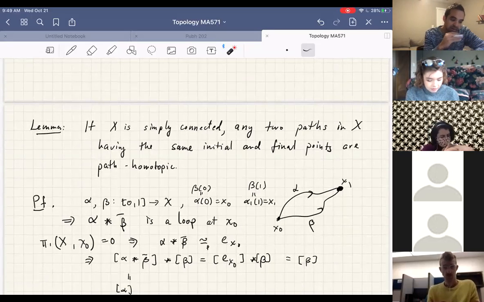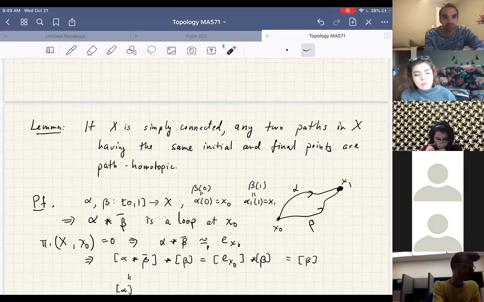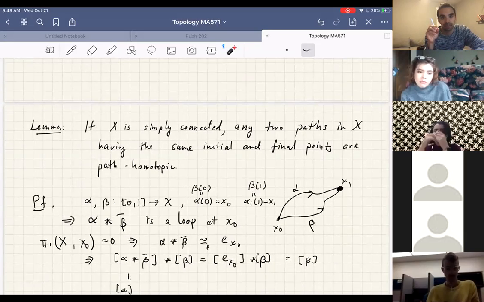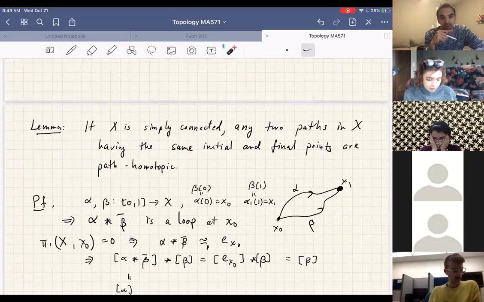So a lemma: if x is simply connected, then any two paths in x having the same initial and final points are path homotopic. Simply connectedness is saying that every loop is contractible, and I'm saying that implies that any two paths starting and ending at the same point are path homotopic, right?